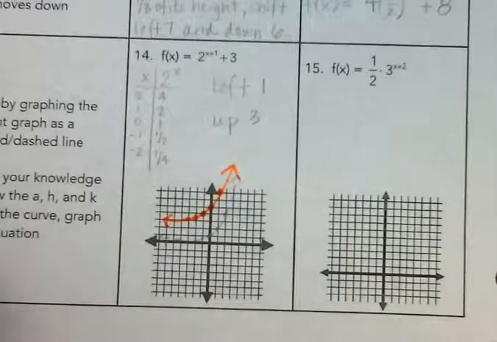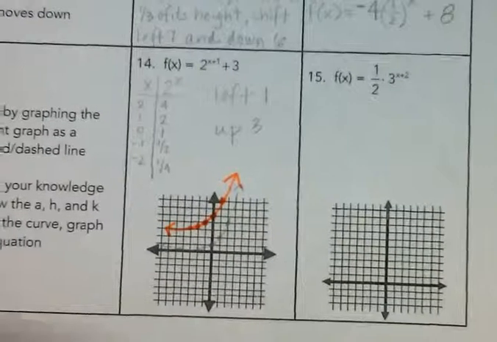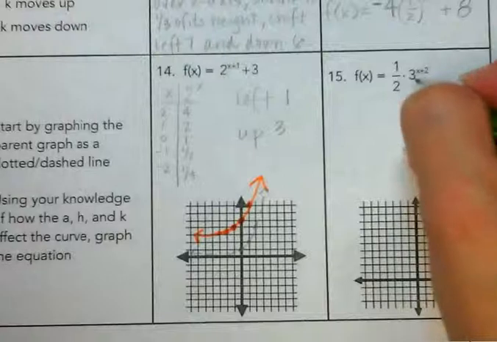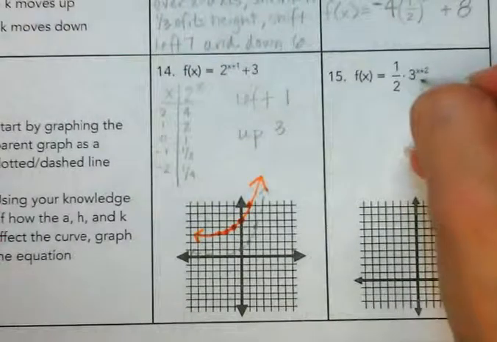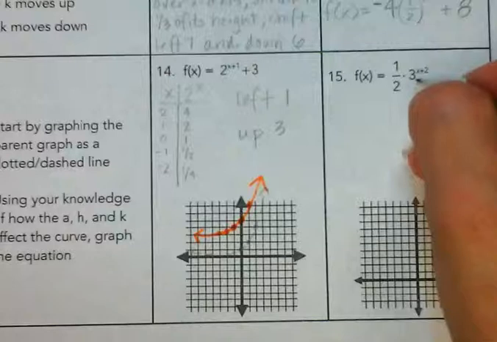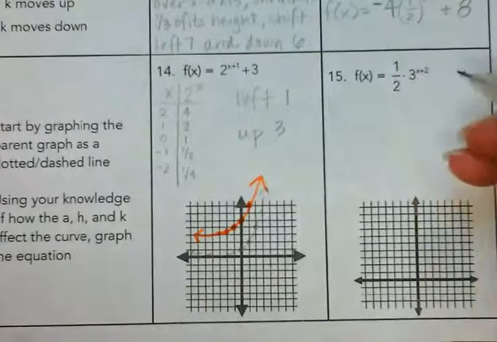All right, for number 15, what we're going to do on this one is the same thing, except this one starts with the parent graph of 3 to the x. So again, I don't know if you remember what 3 to the x looks like. We actually have the parent graph of 3 to the x from number 8 above.